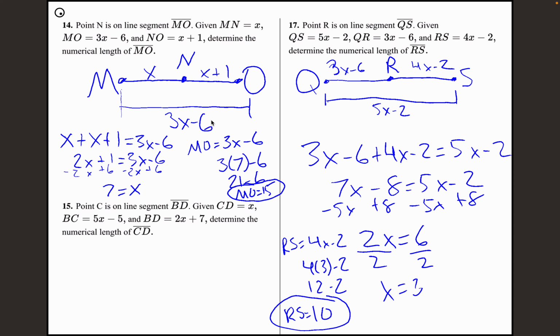Your 5x minus 2 should equal these two added together. Because it should look something like this. Here you go if you want to check that. What do we get for RS? Say it out loud. Yeah, 10.